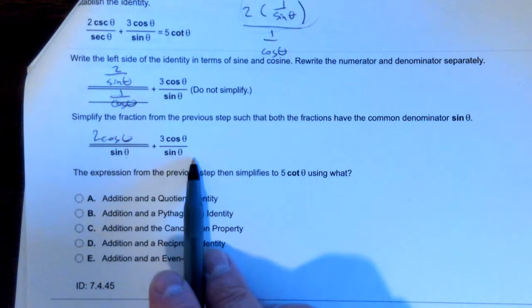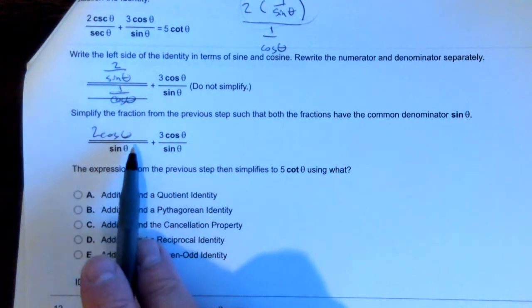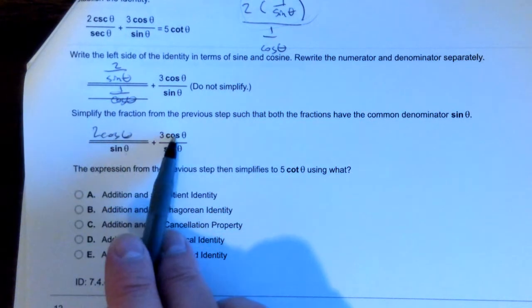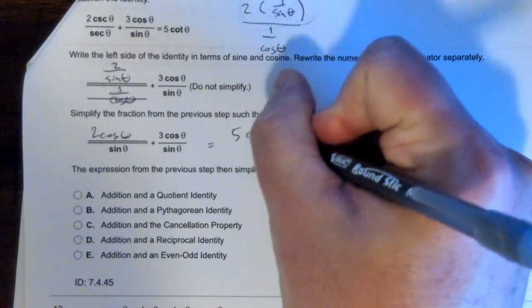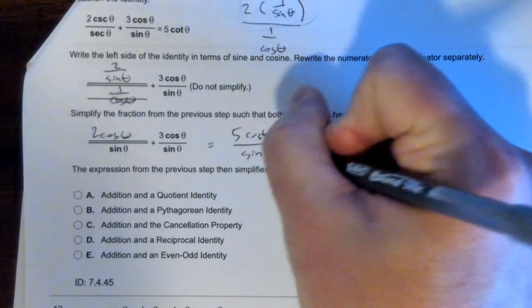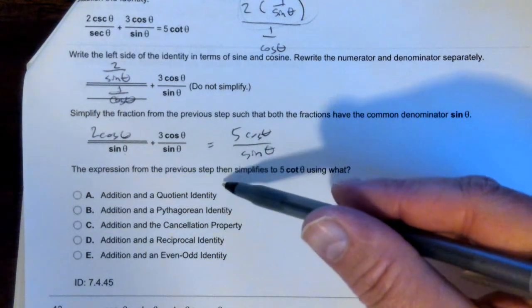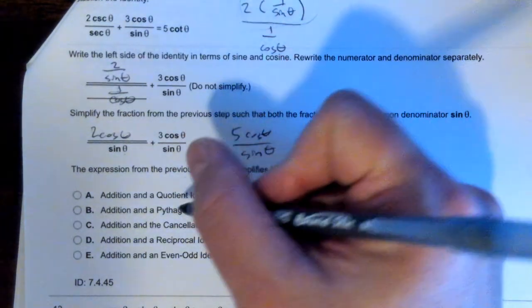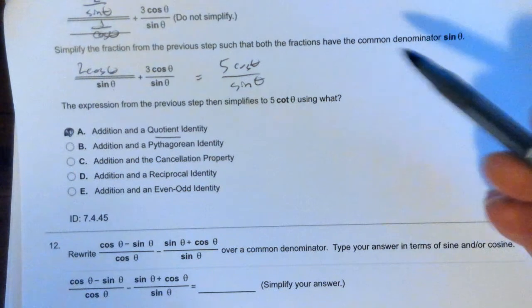So now both have common denominator sine. So here you're just going to do 2 cosine plus 3 cosine gives you 5 cosine over sine. And then that goes to cotangent using the quotient. So the quotient was the cosine over sine.